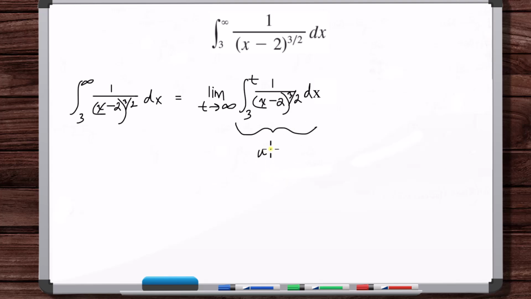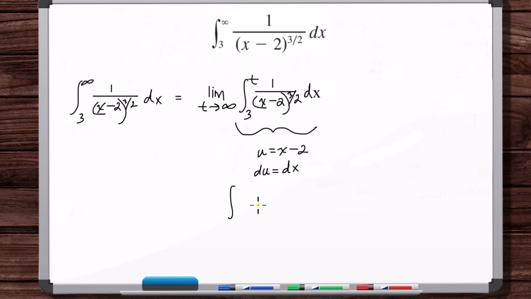If we say that u is equal to x minus 2, then du is equal to dx. When x is equal to 3, u is equal to 1. When x is equal to t, u is equal to t minus 2. Actually, let's just get the antiderivative, that might be a little bit easier.